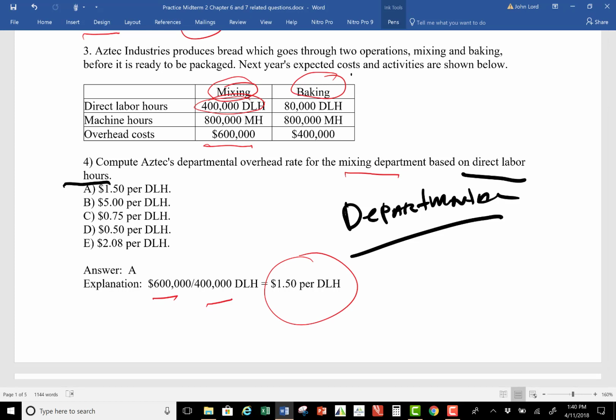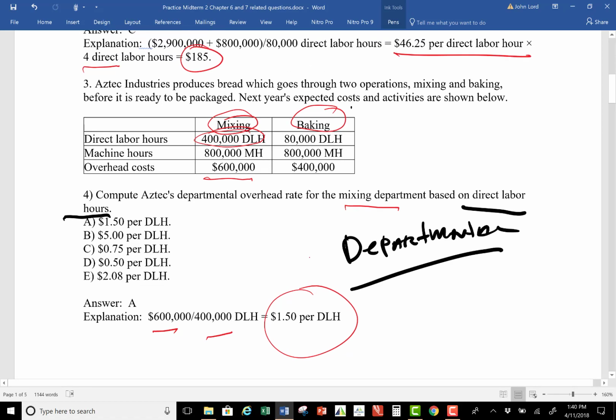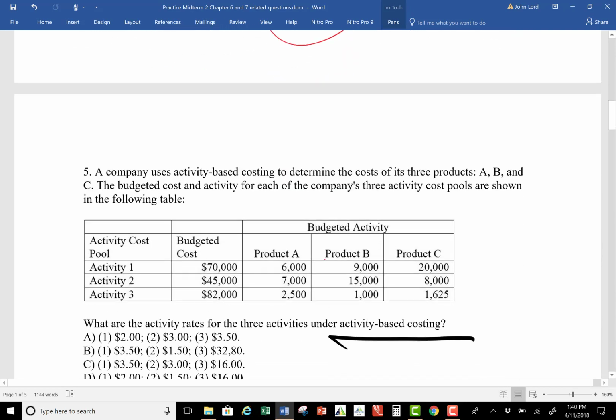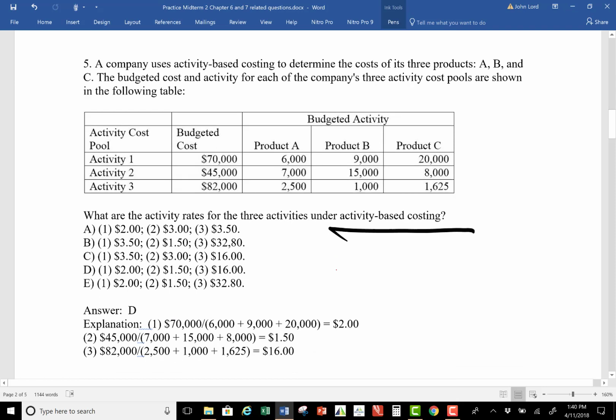Okay, so just a couple of things that we had talked about traditional. You could do it by department, but what we're going to be focusing on in the exam and what we focused on in Chapter 7 was activity-based costing.